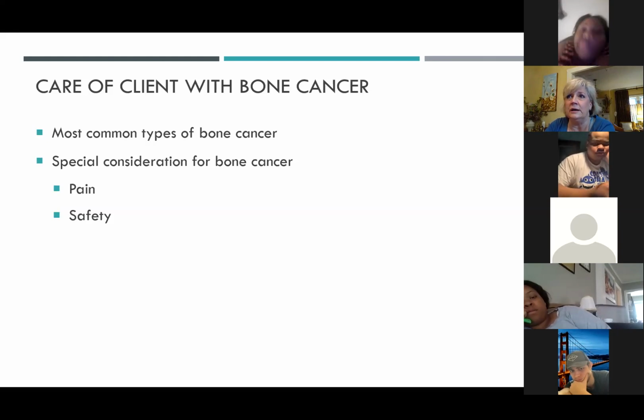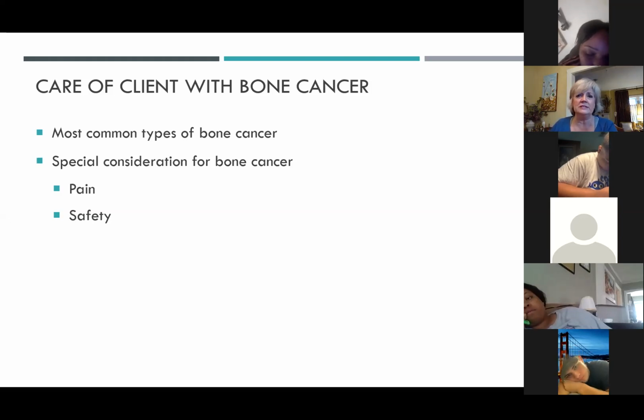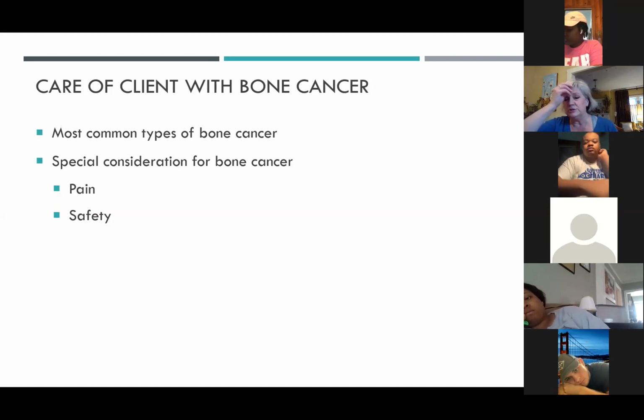With bone cancers, we worry about safety, injury, and falling, and a displacement of calcium in their system. If calcium's supposed to be in the bone but gets pulled from the bone and thrown into the blood system, then we may see elevated calcium levels, and that might be the only symptom our patient has. So pay close attention to lab work.